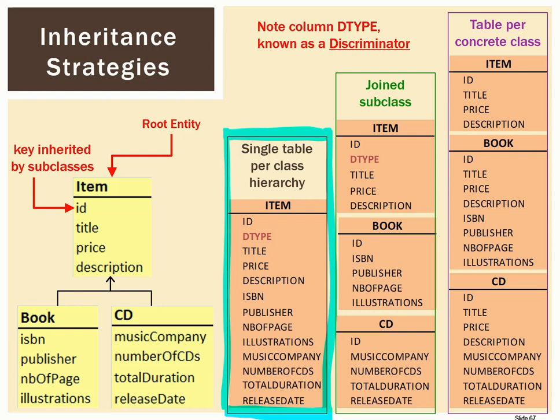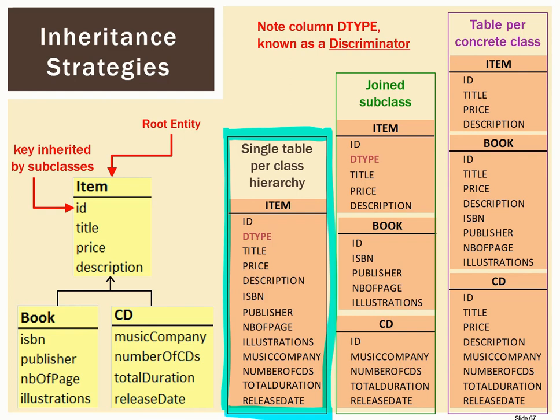However, it does mix and match lots of things. There'll be lots of null columns. All the CDs will have nulls for ISBN, publisher, number of pages, and illustrations. All the books will have nulls for the music company and the number of CDs, etc. So you're going to have a lot of sparsely populated columns, and that's something that we don't like to see a lot of the times.